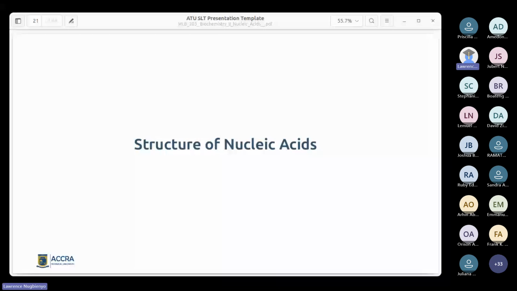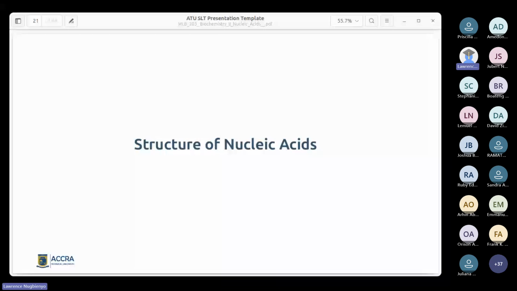So we saw the components of the nucleotides being the pentose sugar on which we have the nitrogenous base and the phosphate group. Then we even looked at some nucleotides that are not present in nucleic acids in addition to the ones that we find in nucleic acids.